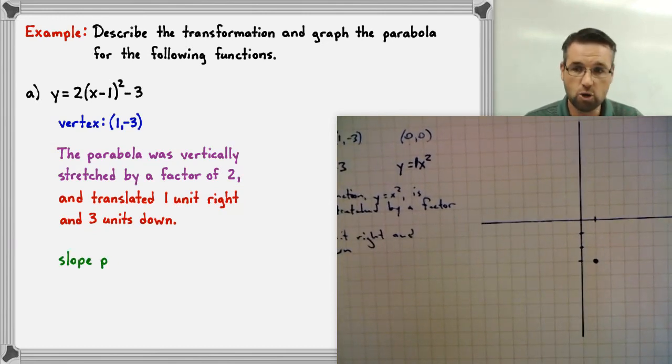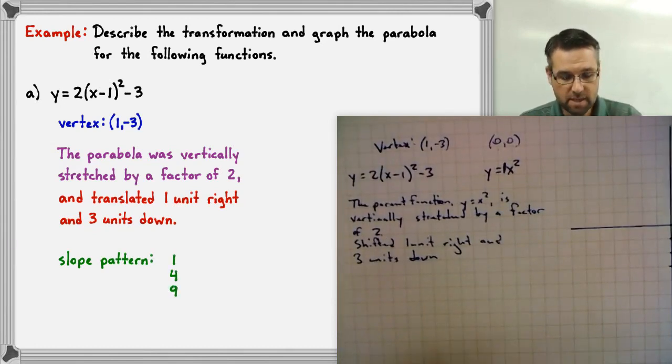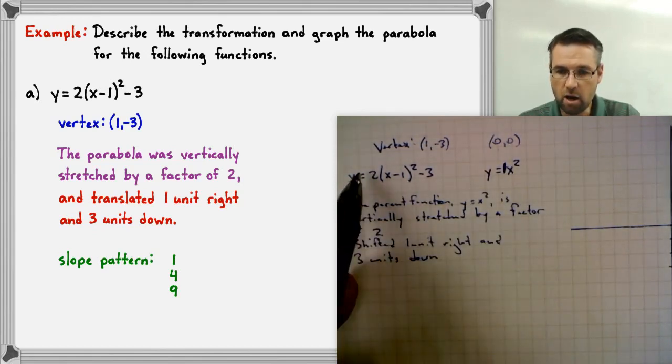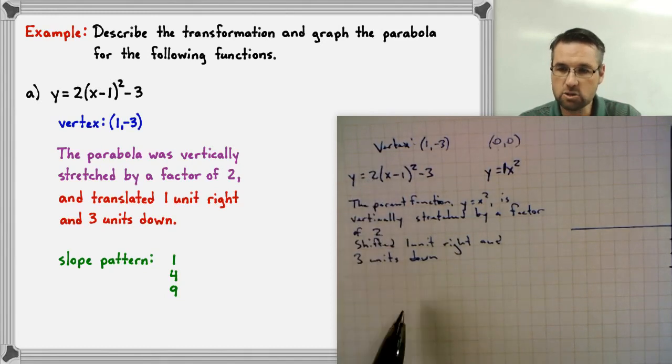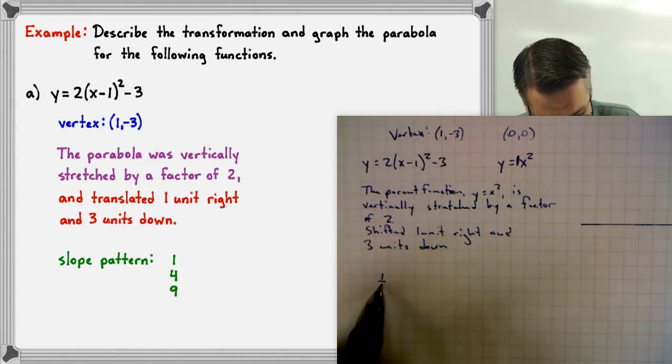Now, we know that our normal slope pattern is 1, 4, 9. But because our A value is not 1, that means our slope pattern changes. So let me rewrite it this way. Remember, 1 doesn't actually mean 1, it means 1 over 1.